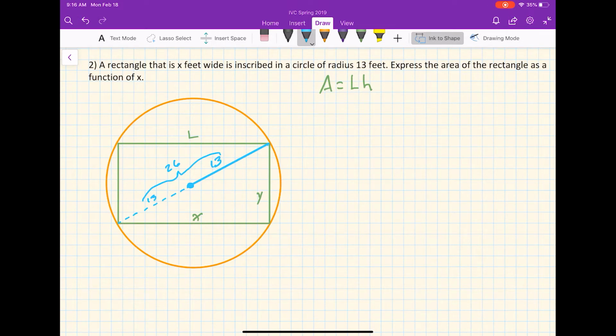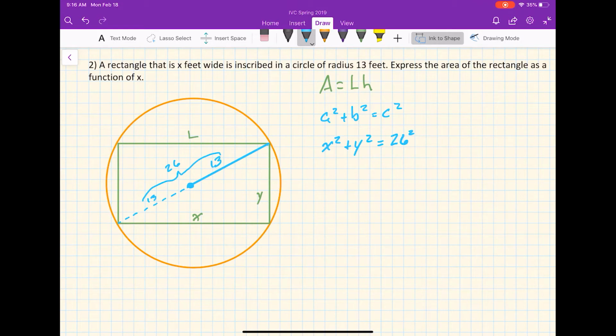So we can set this up now as a squared plus b squared equals c squared. Since we already know what c squared is, we'll be able to make this a function of x. So we'll substitute x for the a and y for the b and rewrite this as x squared plus y squared equals 26 squared, because we know that 13, two sections of that added together, is 26.